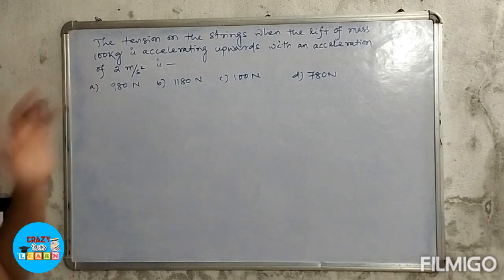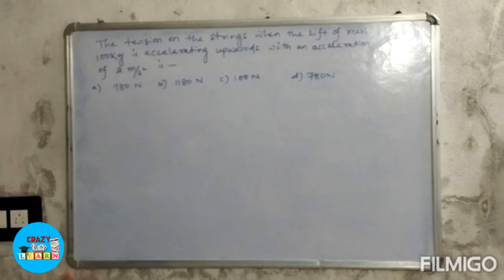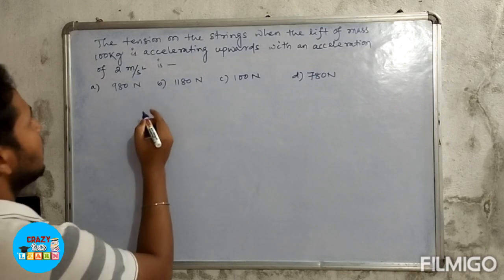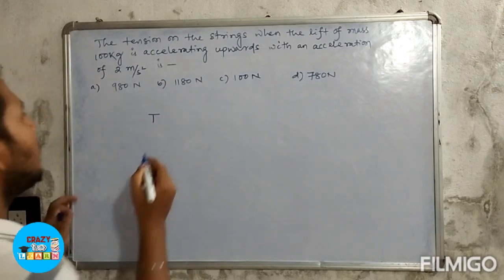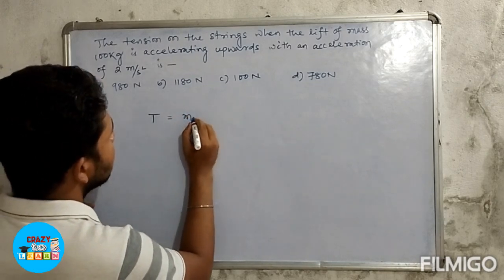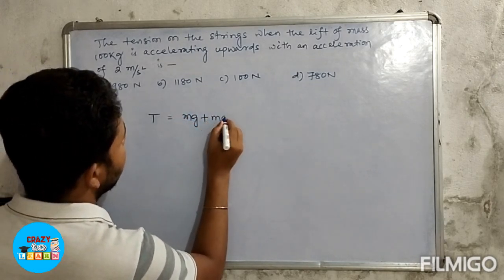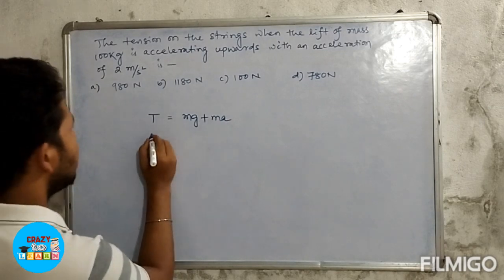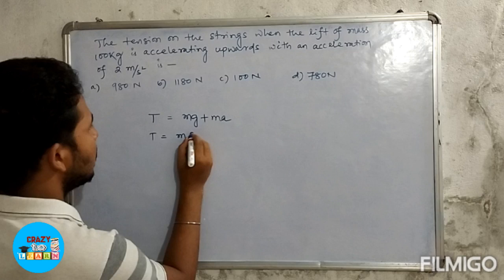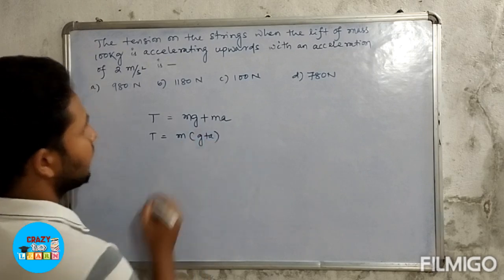So what is the formula for the tension when the lift is moving upward? When the lift is accelerating upward, the tension is equal to mg plus ma. Then if you take m common, what will you get? m into (g plus a).